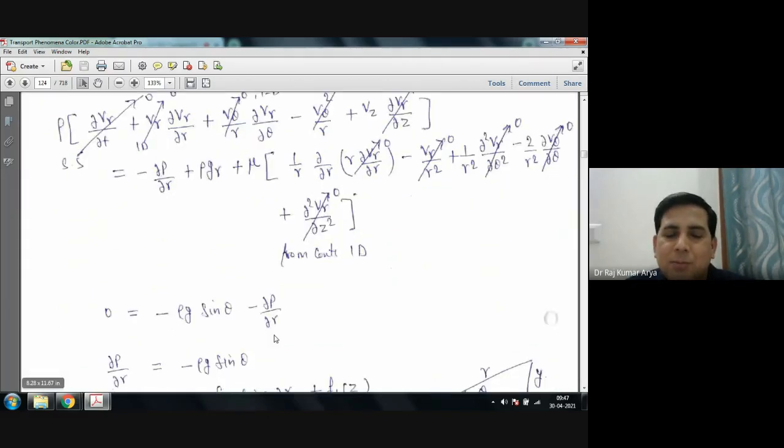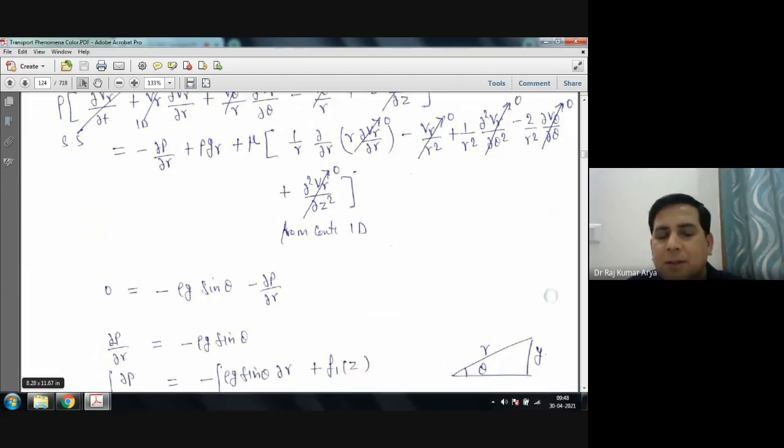So this momentum balance is practically giving you del P upon del r, how the pressure will change with respect to the r coordinate, because pressure will change as you are going up and down inside the fluid. So from here the pressure gradient is coming as nothing but rho g sin theta into r, that is, how much component of g would act in that particular direction, the r direction.